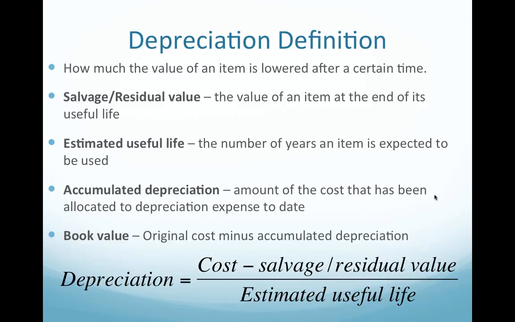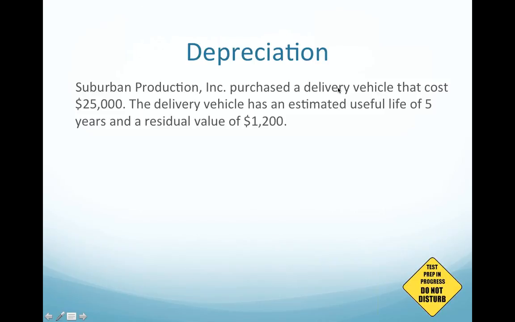The depreciation is 3,000. We multiply that by 3 years, and we come up with $9,000. So that's what the accumulated depreciation is, 9,000. So we have two formulas there: the depreciation formula and the accumulated depreciation formula.